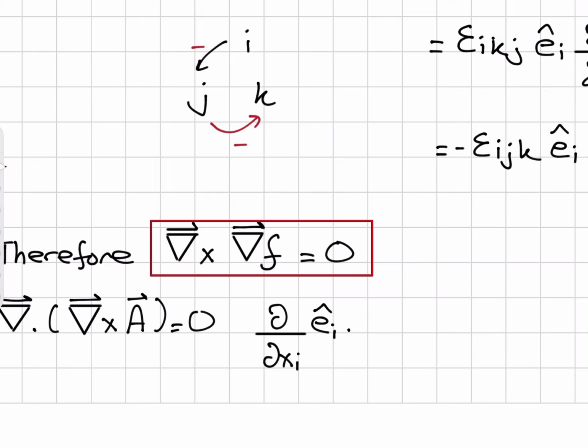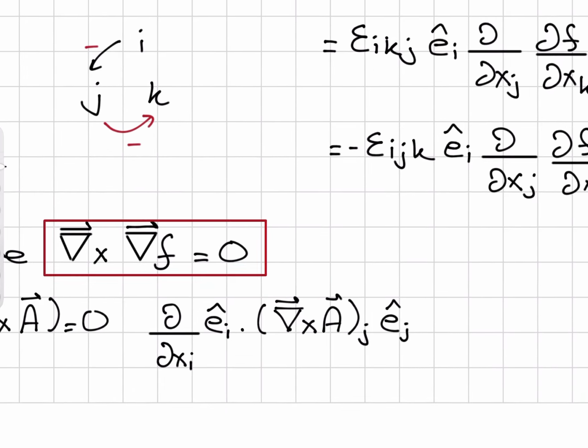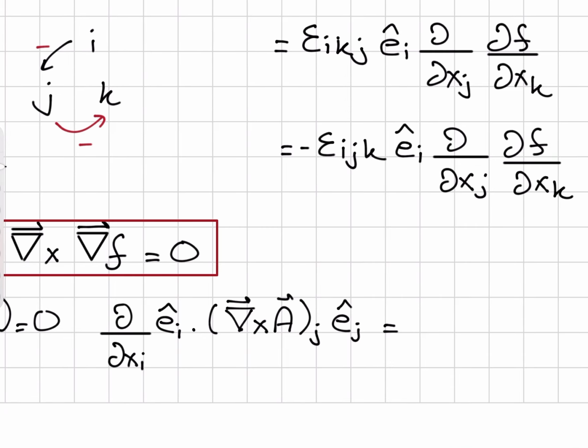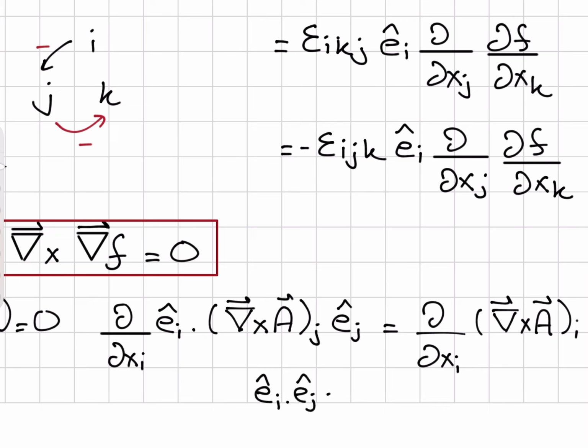That product with, that's the divergence, this vector curl A, j ej hat, which is curl A. And that means ei hat dot ej hat, which implies that i is equal to j, so we will have del xi curl A i component, because ei hat dot ej hat is Kronecker delta ij.